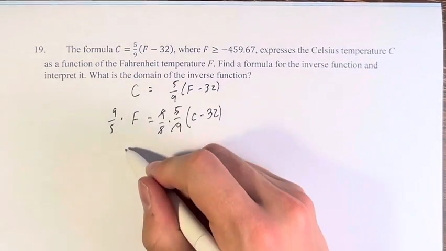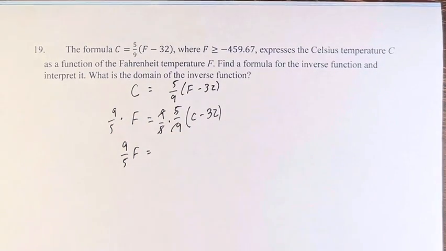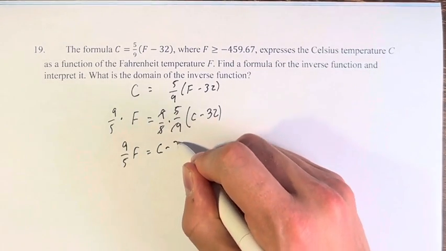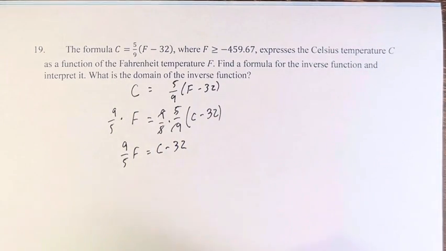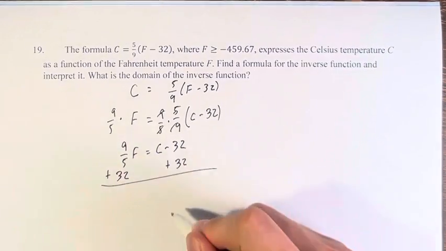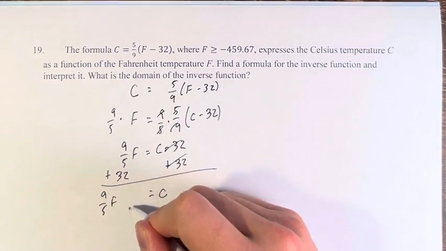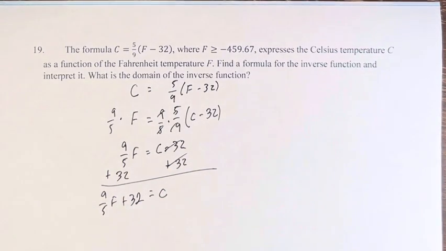These cancel, and we're left with 9/5 Fahrenheit is equal to C minus 32. Now we just have to add 32 to both sides. We get C is equal to 9/5 F plus 32.